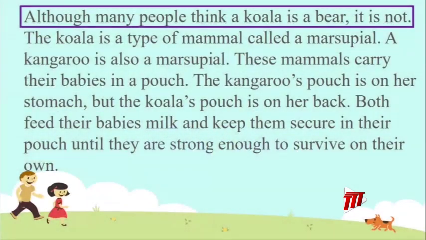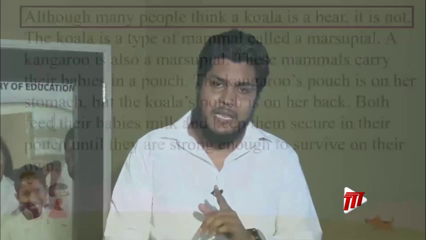So I have my idea, and I think it's the first sentence because we got it in the first paragraph. Maybe it might be here again. Although many people think a koala is a bear, it's not. You read through the passage and tell me if the other sentences in that passage talk about a koala not being a bear.